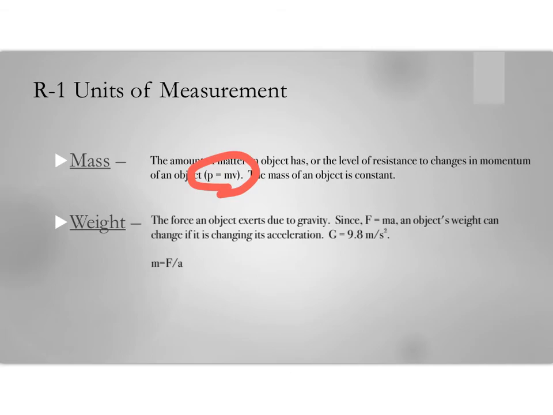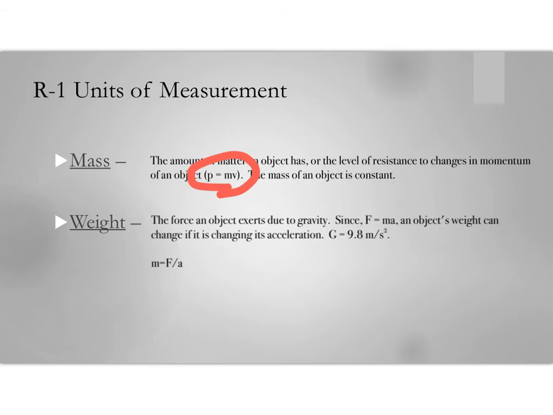Now, the mass of an object cannot change. It is what it is. The amount of matter in there is not going to change, because mass can neither be created nor destroyed. The weight of an object can change, though, and this is the force an object exerts due to gravity.